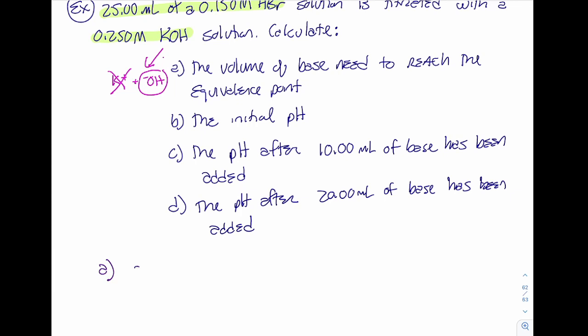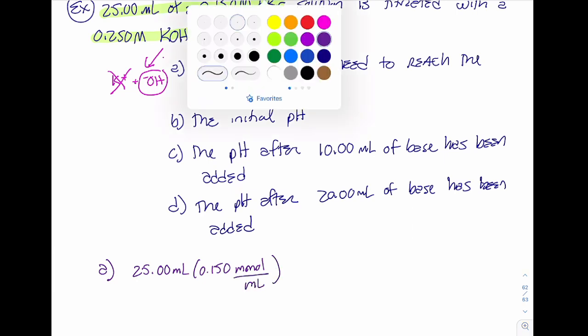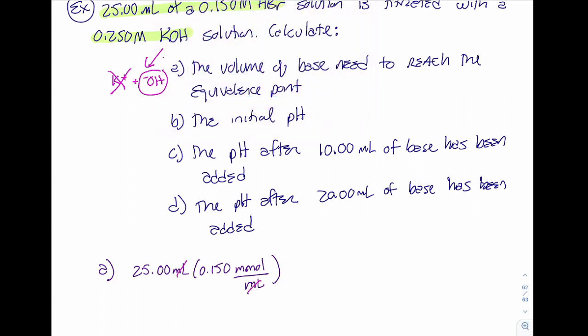And again, if you prefer to use moles, that's fine. Just make sure you're converting your volumes from milliliters to liters. So 25 milliliters times 0.150 millimoles per milliliter. You could just leave it as a capital M, but I'm going to write them out every once in a while so you can see it. Milliliters are going to cancel. And I'm grabbing my calculator here.